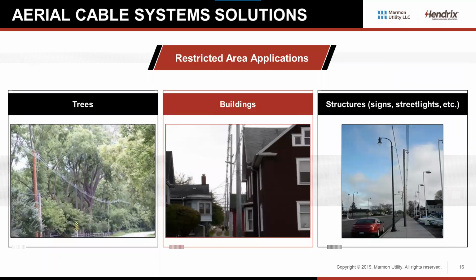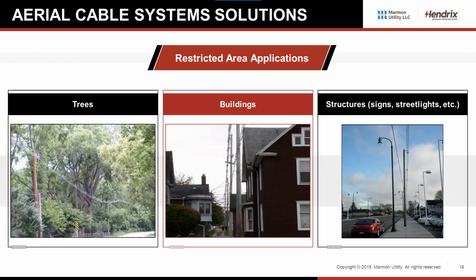So it becomes a pretty popular alternative to burying the conductor underground or rerouting it out and around and out of alleyways. So we show clearances to street signs or street lights on the right here, alleyway construction where you've got houses in a pretty tight alleyway.